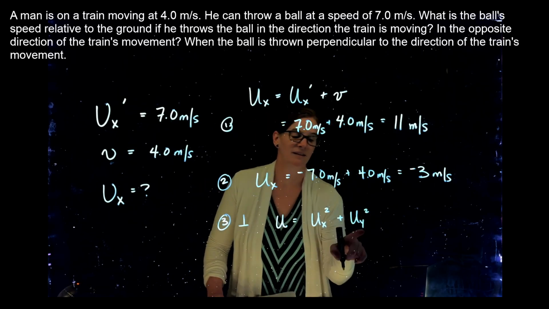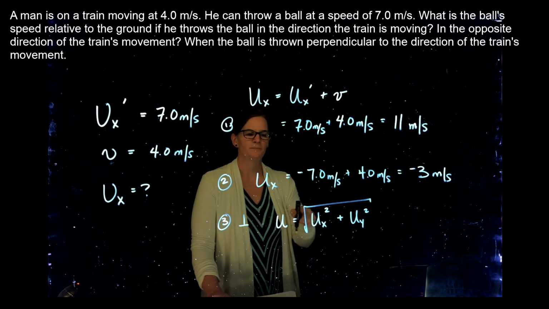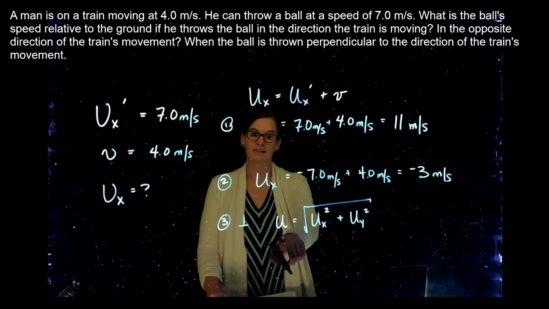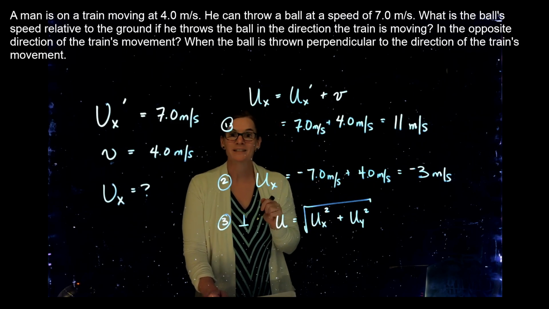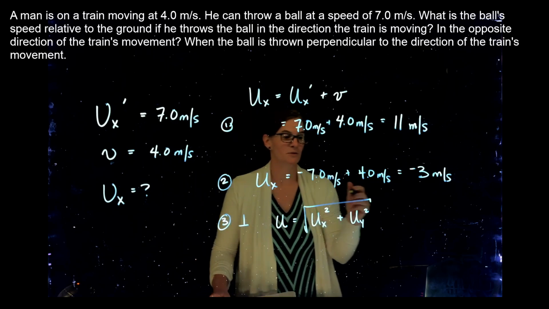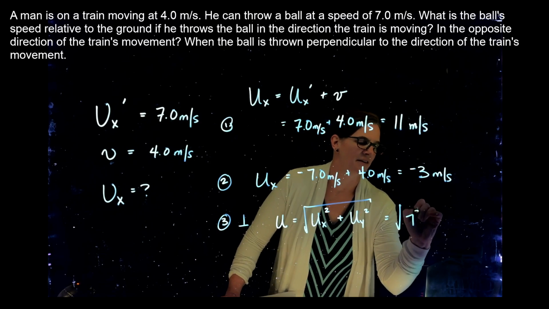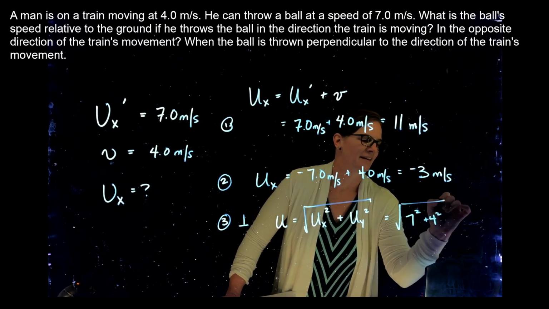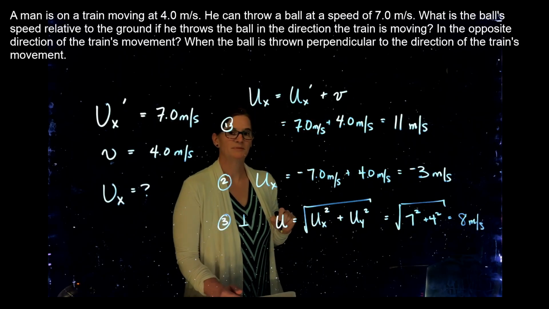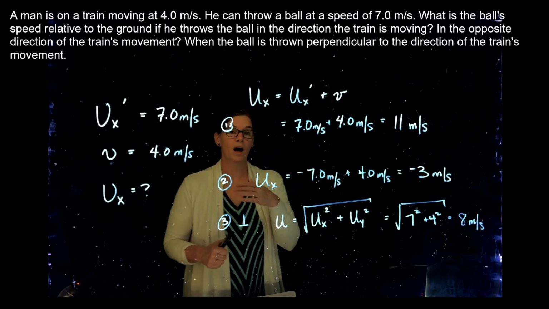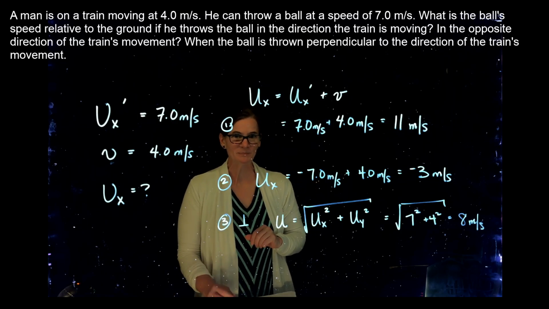We're going to call that u sub y because it's perpendicular, so I'm just going to use the y direction. And we know that to get the magnitude of the velocity as observed, I'm going to take the Pythagorean theorem for those two components. And when we do that, we get the square root of 7 squared plus 4 squared, and that gives us 8 meters per second.